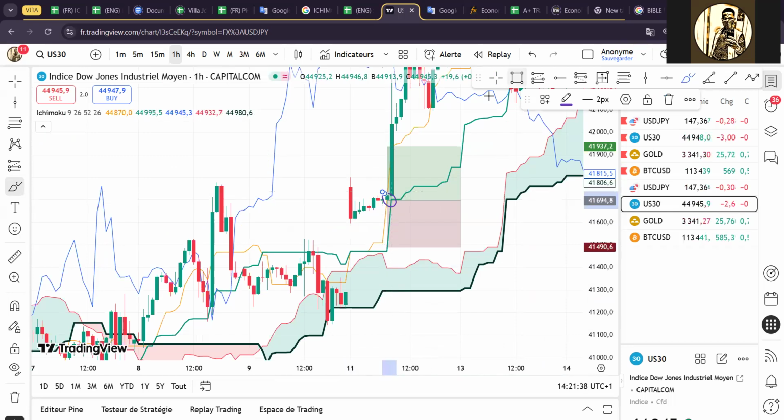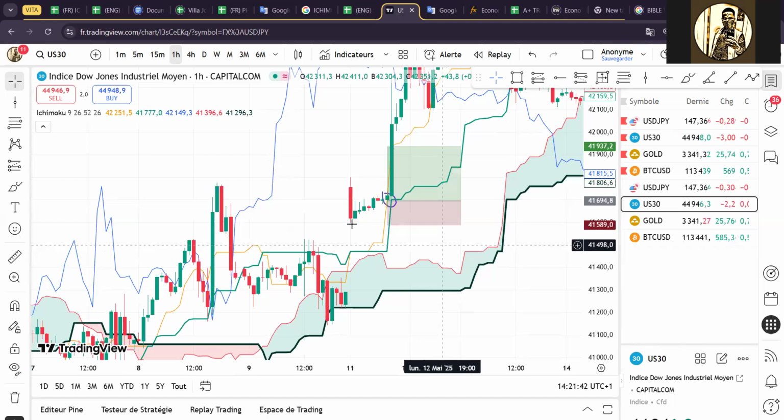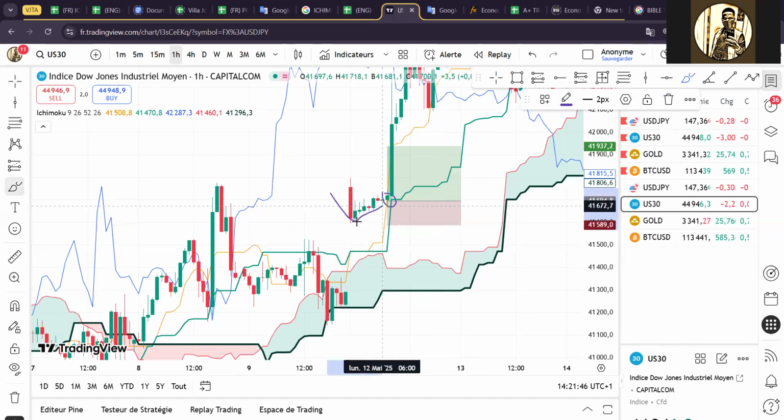So you can place your stop loss just at this V. Normally, since you have the gap and most of the time the price comes and closes the gap, you must place your stop loss below the gap, but the volume helps you understand that it will not come and close anytime soon.